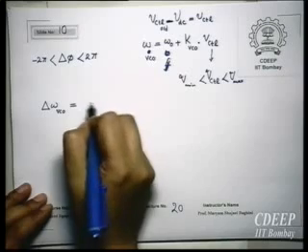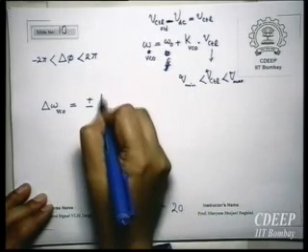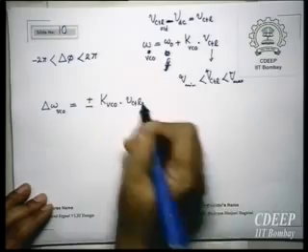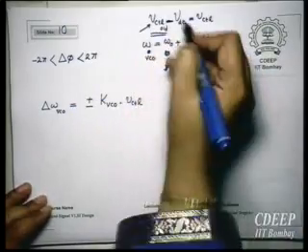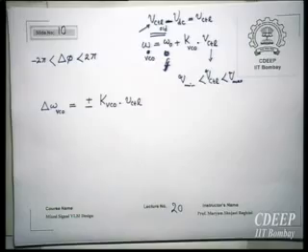Therefore, for simplicity, I can say that delta omega VCO will be just K VCO into VCTL. This is the original VCTL, and I have removed the DC part, making it AC to show that it is changing symmetrically. So this is the center frequency. Frequency can increase or reduce.